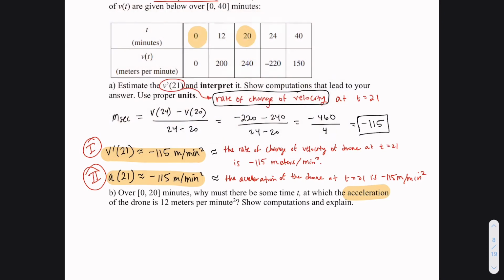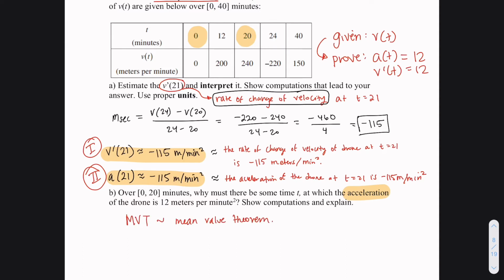If I'm given velocity and I'm asked to prove that there is some acceleration that equals 12 meters per minute squared, they're asking me to deal with the slope. They're asking me to deal with the derivative. And anytime they're asking me, prove why there must be some t, in that language, what they're getting at here is the MVT, the mean value theorem, because they're asking me to deal with slopes.